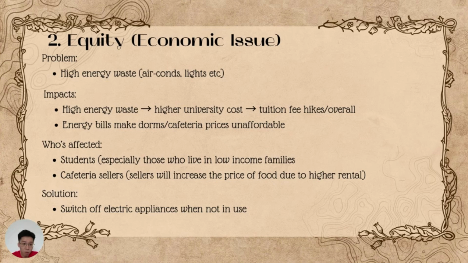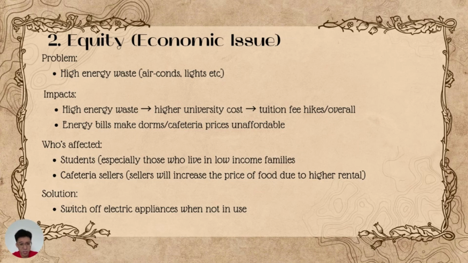Next, how carbon footprint will affect equity or economic issues. High energy waste such as aircon, lights, and many more will result in higher university costs, and lastly, hikes in tuition fees or the overall fees. The energy bills will make dorm and cafeteria prices unaffordable.